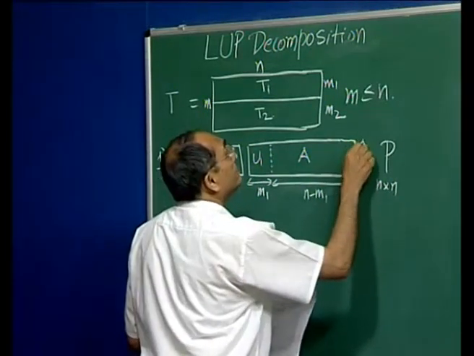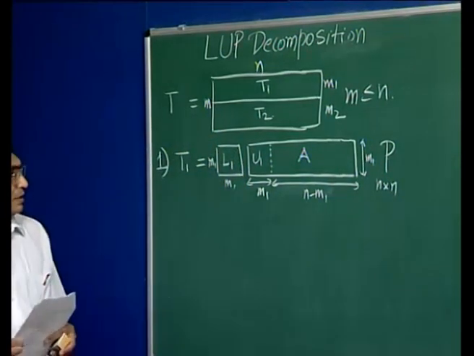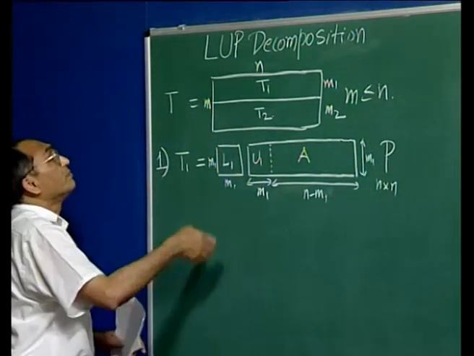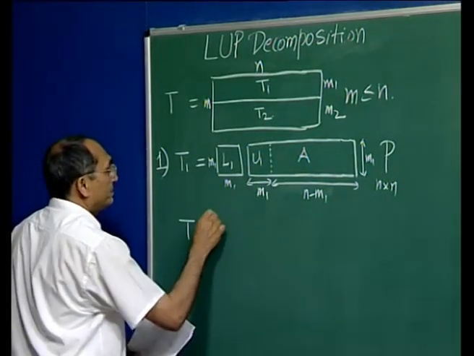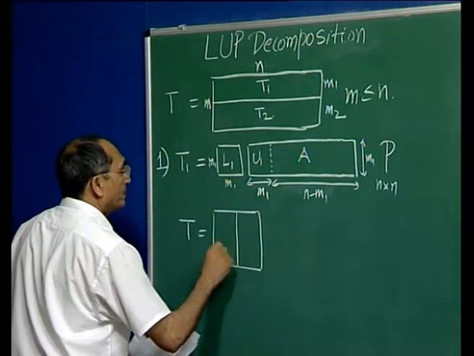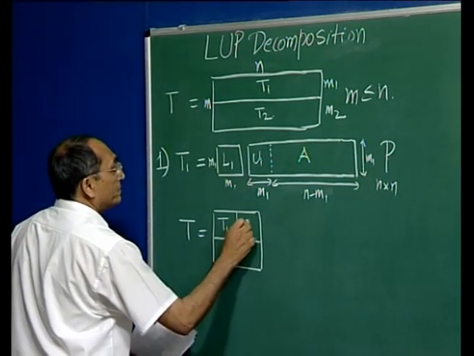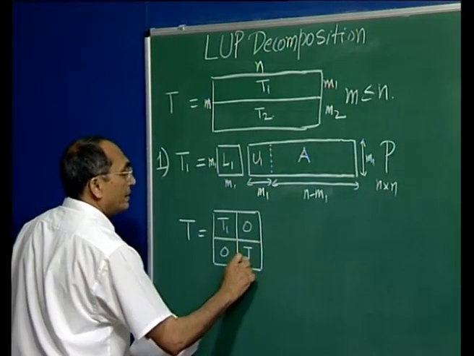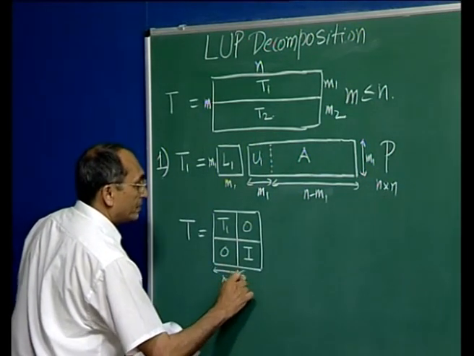This is M1. Now that we have this decomposition, we can rewrite T as T1, 0, 0, identity. This is M1 and this is M2.